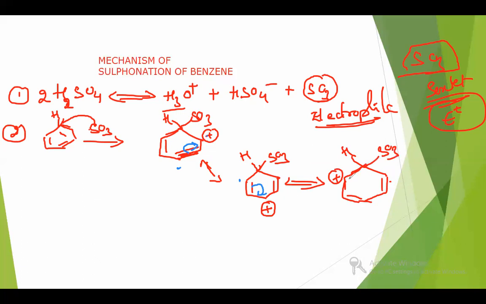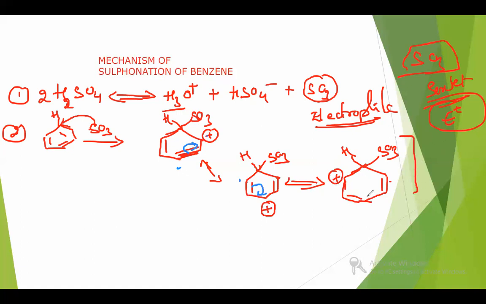There is no pi electron pair to drag from this carbon, so delocalization of pi electrons stops here because this carbon is sp3 hybridized.